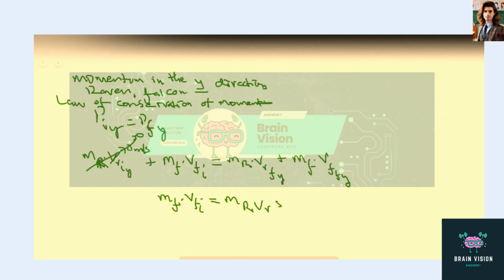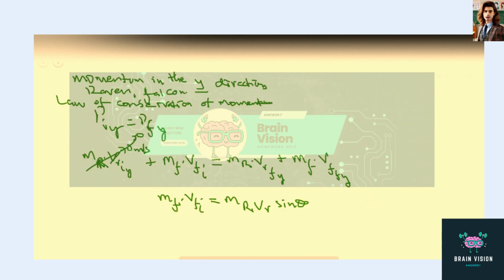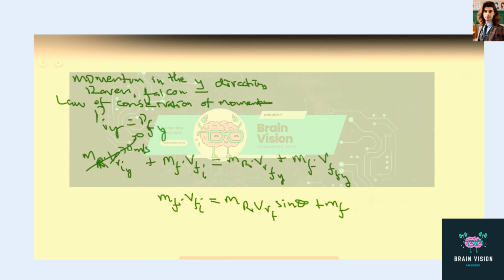Remember Vr, well, actually we should call it Vr final. A lot of variables here, so you want to be very careful about the process. And then we also need the final velocity of the falcon in the y direction, which is 5 meters per second, times the final velocity of the falcon in the y direction.